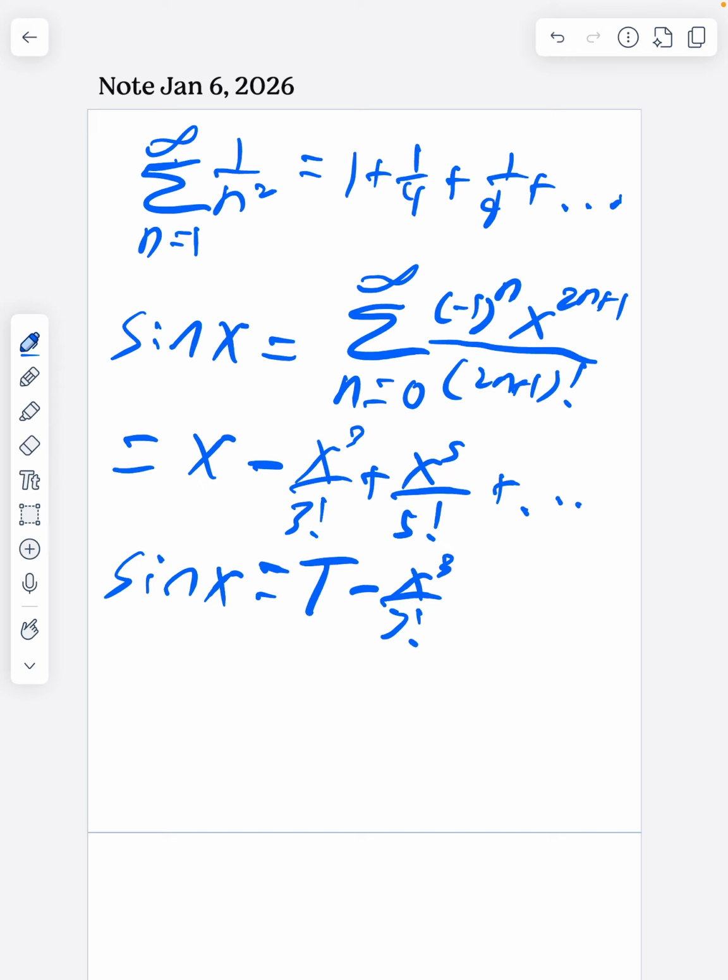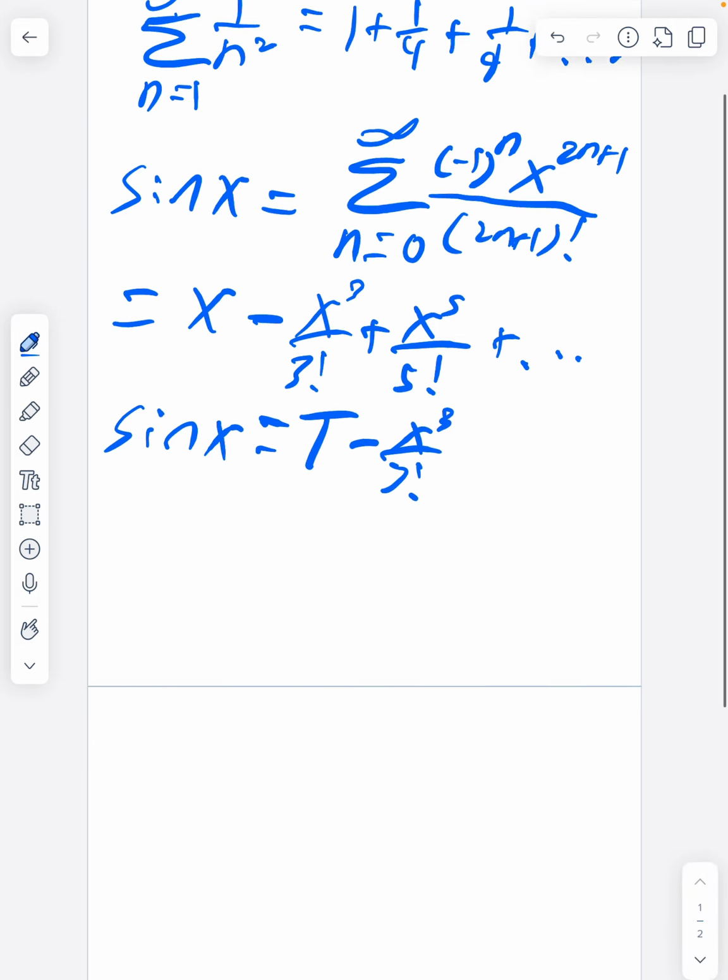So now that we have that, again, this is not intuitive. So we can write an infinite polynomial to describe sine of x. So what happens if we try to factor that infinite polynomial?